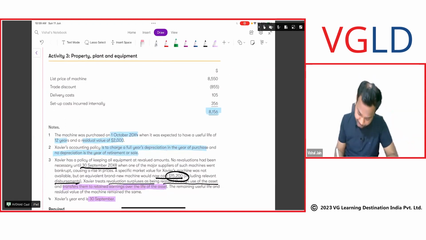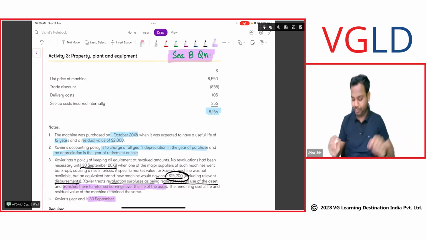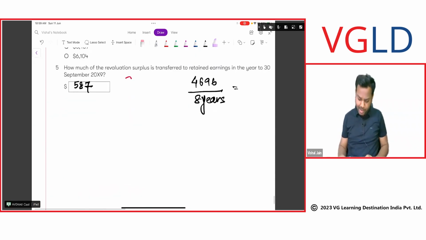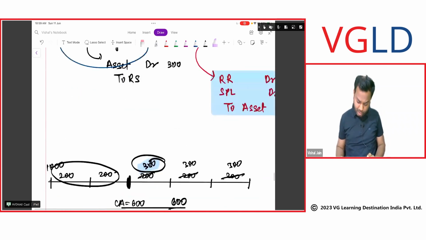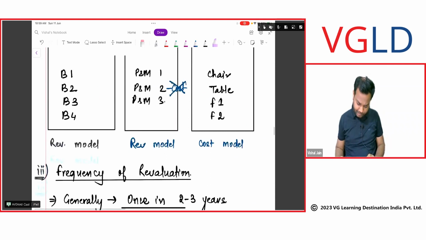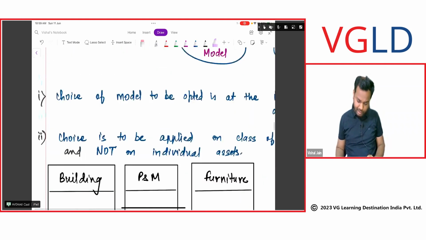I will write here. Is it clear, guys? Wonderful. So this completes our discussion on property, plant, equipment, IAS 16. But yes, I will discuss one more thing, though a very small point.